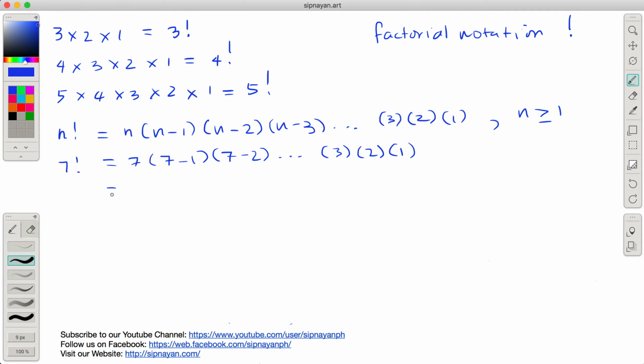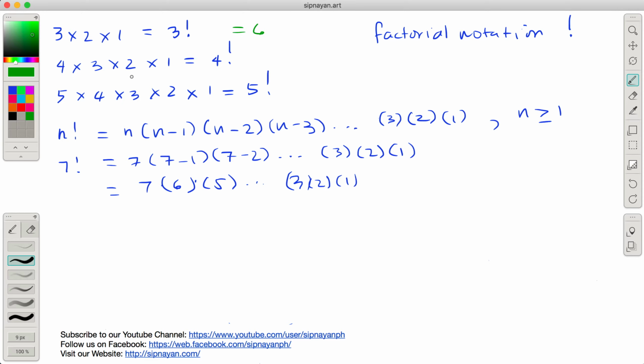So, this is 7 times 6 times 5, and so on, hanggang makarating sa 1. And, of course, pwede yung kunin yung sagot nito, i-compute. So, 3 times 2 times 1, for example, is 6, di ba? So, this is equal to 6.